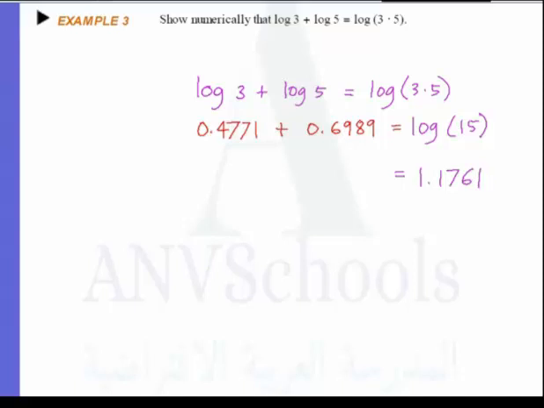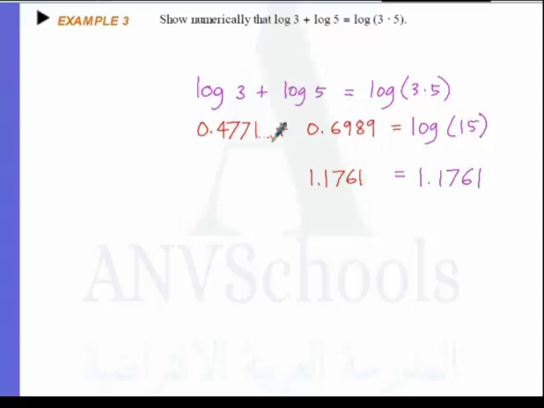Okay, so how about the left expressions? 0.4771 plus 0.6989. This just gives us 1.1761 rounded off to the nearest 10,000ths.